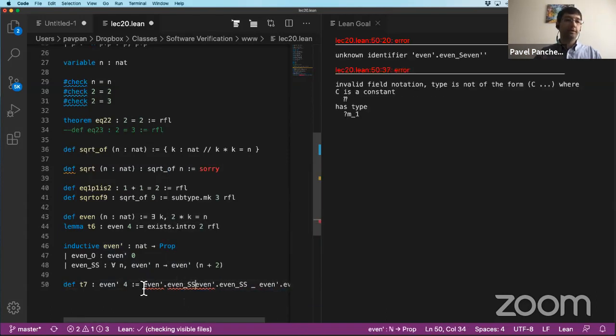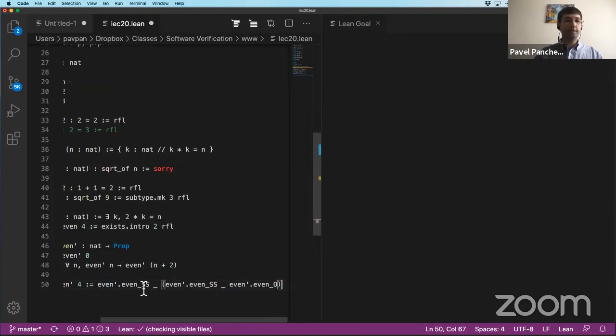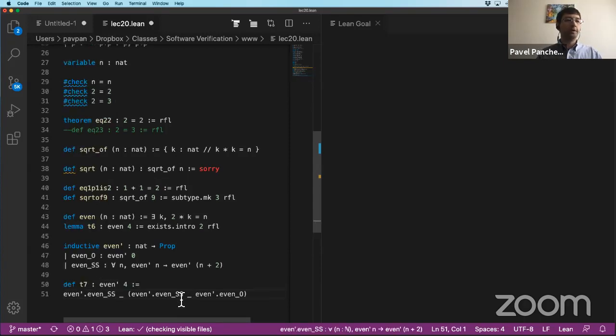And in that case, I can take that proof and say that if 2 is even, then 2 plus 2, namely 4, should be even. And so this is my proof that 4 is even when even is defined in this way.